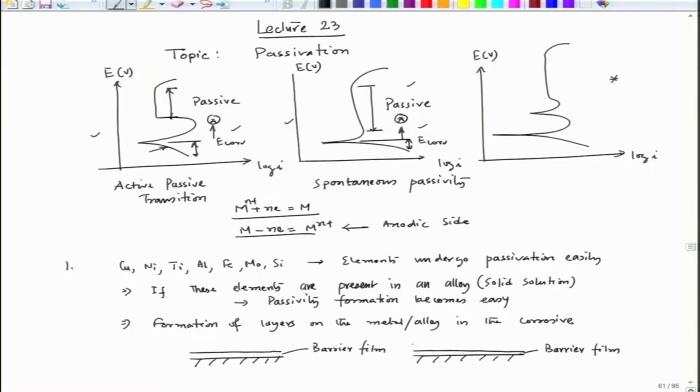In addition to that, there could be a porous layer, a porous deposit. In both the cases, it is easily understood that the metal surface is not exposed to the electrolyte directly. So, here we have the electrolyte.